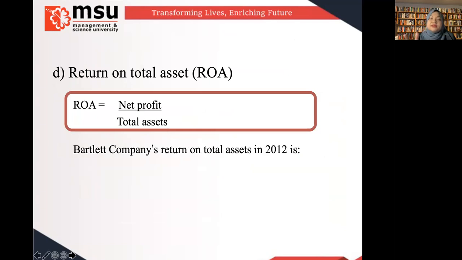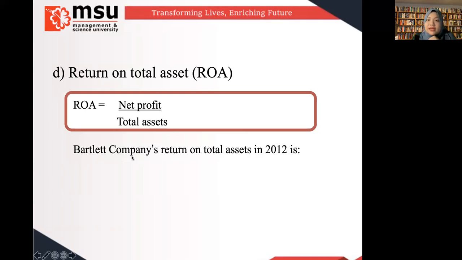Okay, next, profitability ratio is about return on total asset. So return on total asset, we want to know for each dollar that has been invested into asset, how much it is able to contribute to net profit. How much each of the assets, from the total asset that has been invested into the company, is the earning for net profit?